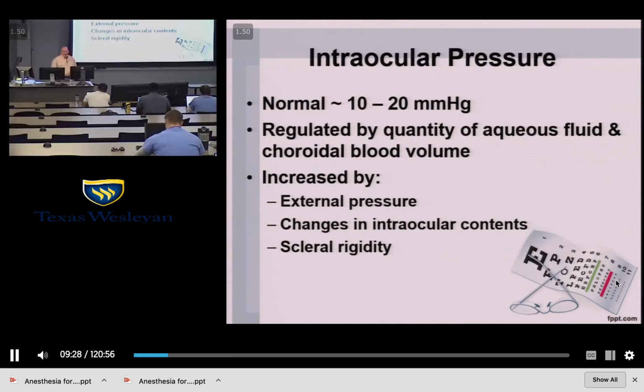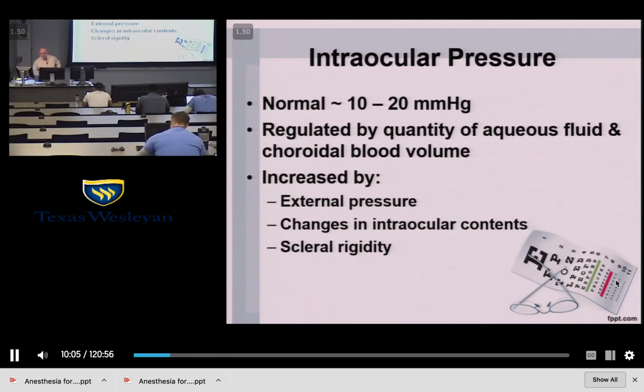Intraocular pressure is regulated by the quantity of aqueous fluid and choroidal blood volume. The blood supply to the retina and the optic nerve depends on intraocular pressure. It is the difference between mean arterial pressure and intraocular pressure that determines the blood supply to the optic nerve and the retina.